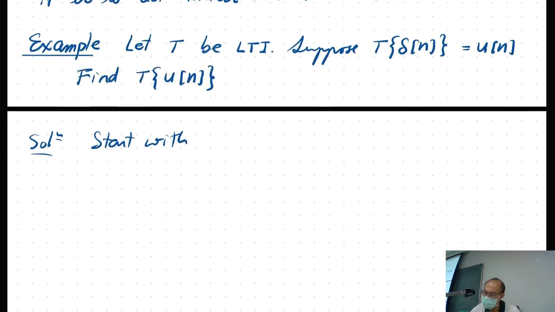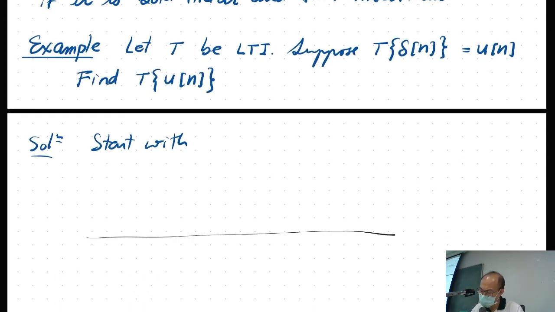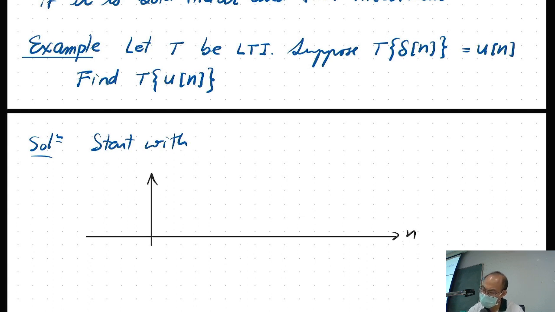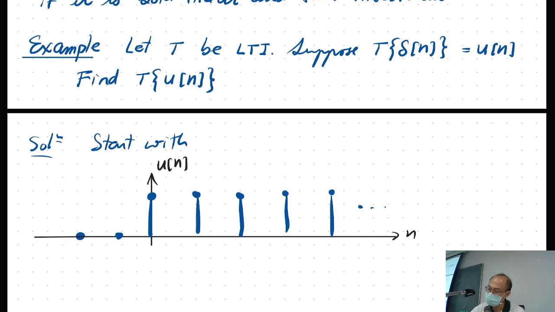If you plot the graph of u[n], you see that the graph of u will be here, and so on, and then 0 when n is negative. So this is u[n], right? 0, 1, 2, 3, 4, minus 1, minus 2.